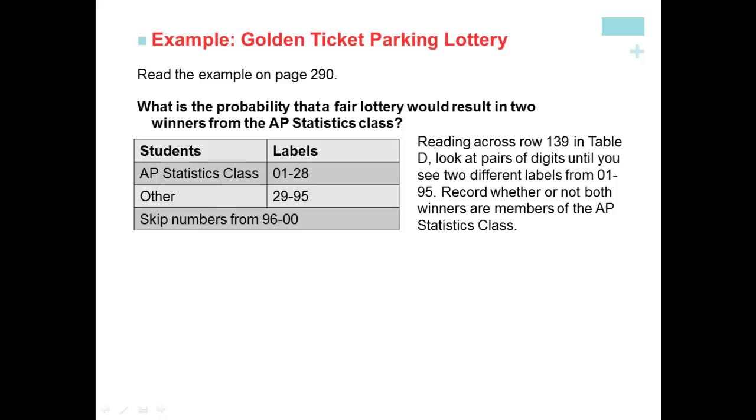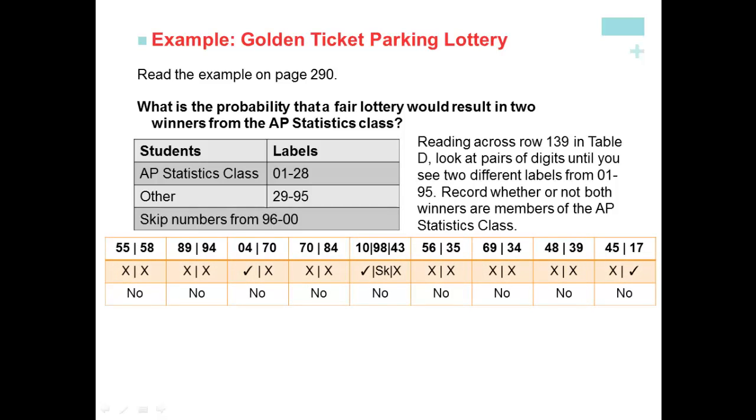If I refer to Table D and read across row 139, looking at pairs of digits because I have two-digit numbers, I record whether or not both winners are from the AP class. In my first repetition I draw 55 and 58. Both were not AP Statistics students. Next, 89 and 94, followed by 04 and 70, and then 70 and 84.